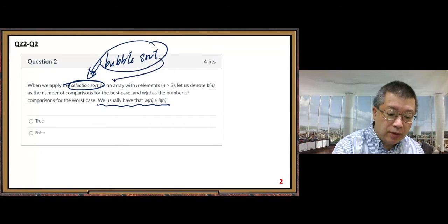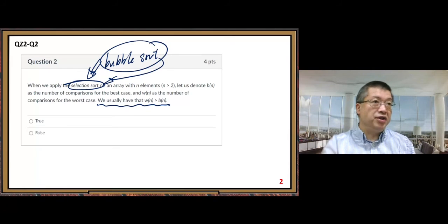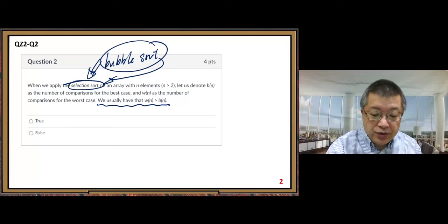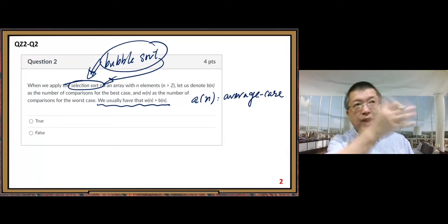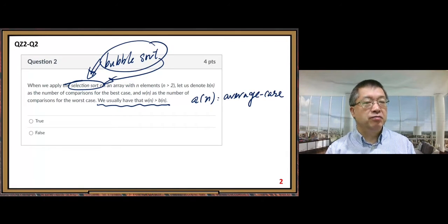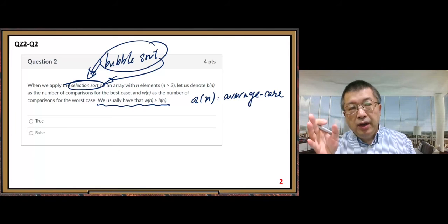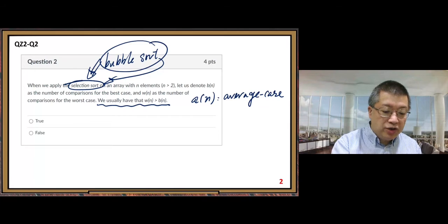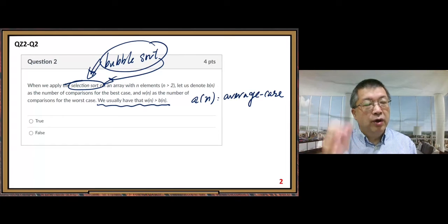And I can also use A of n regarding the average case. So three functions, B of n, A of n, W of n.